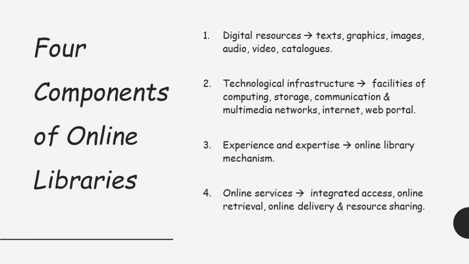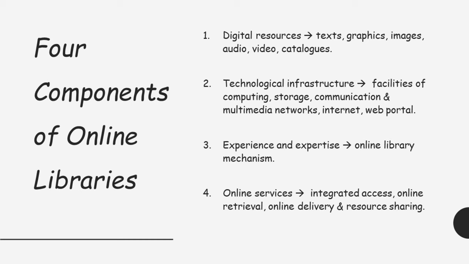The third requirement of an online library is experience and expertise in dealing with the online library mechanism. It includes knowledge, skill, and competency of practitioners to operate, manage, and maintain the online system.